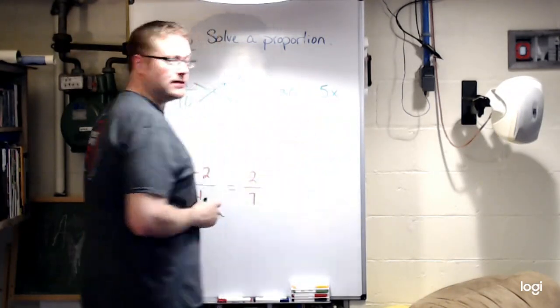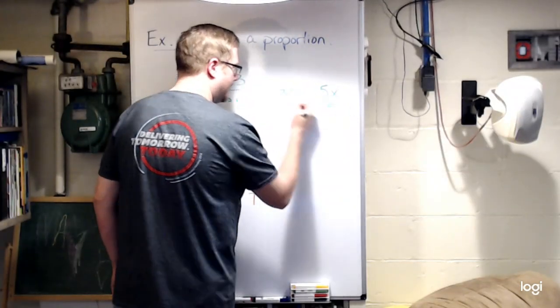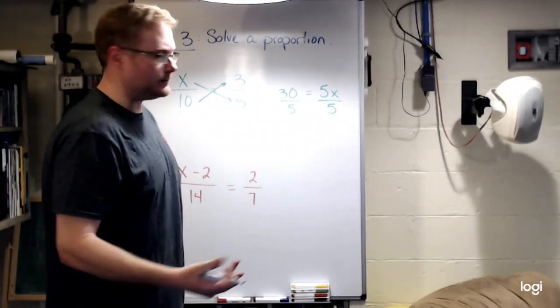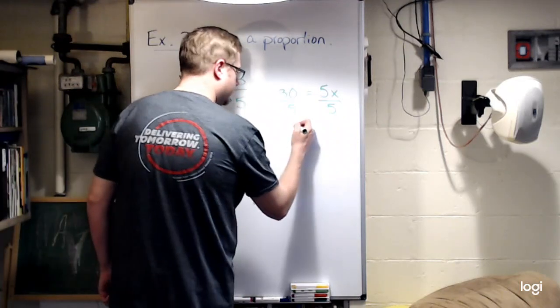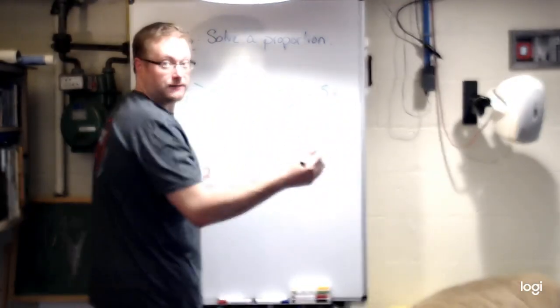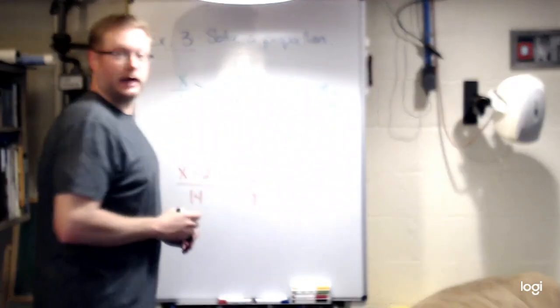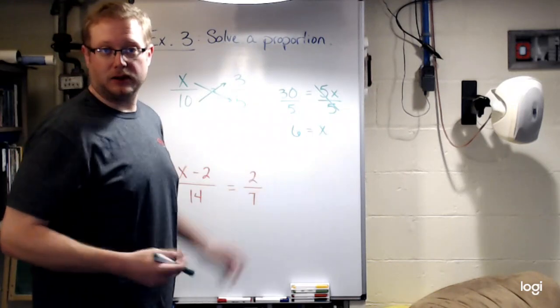It's really 5 times x, so what you're going to do is divide both sides by 5. So cross multiply and divide. 30 divided by 5 is 6, and the 5's cancel out. So we have 6 equals x in this case, and it's solved. That's the end of the problem, right?